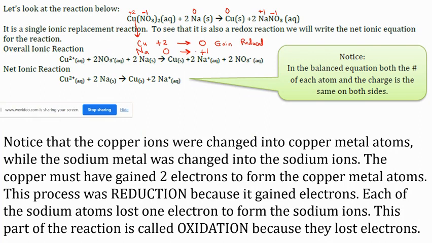If its charge was increased, it was oxidized then, which means it's lost electrons, right? I probably flipped these two around compared to that. I'm sorry that I got my columns mixed up.